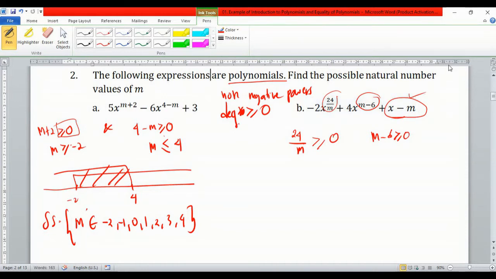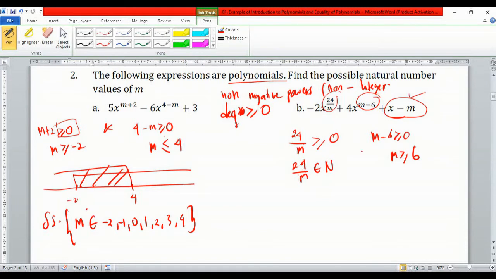So from here we get m is more than or equal to 6. Remember that non-negative power means non-negative integer, so the power 24 over m is an element of the natural numbers.